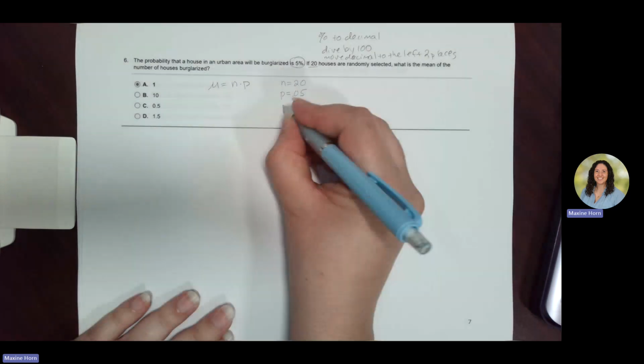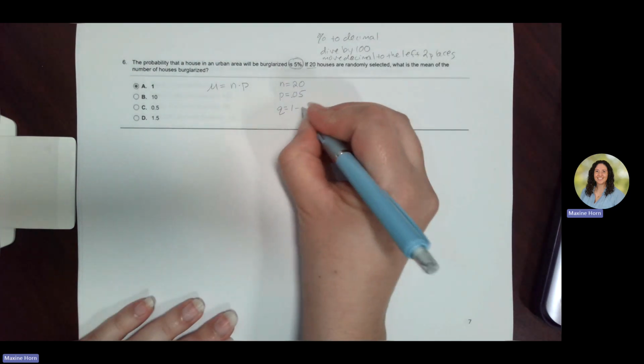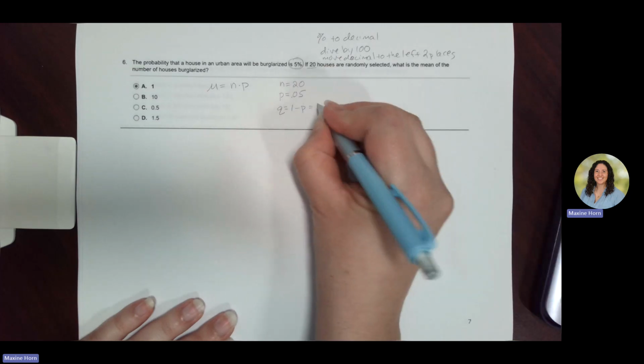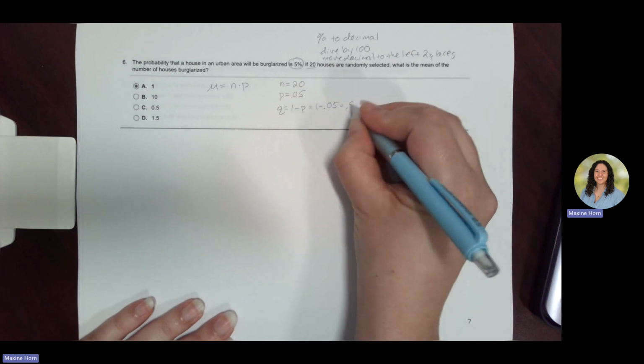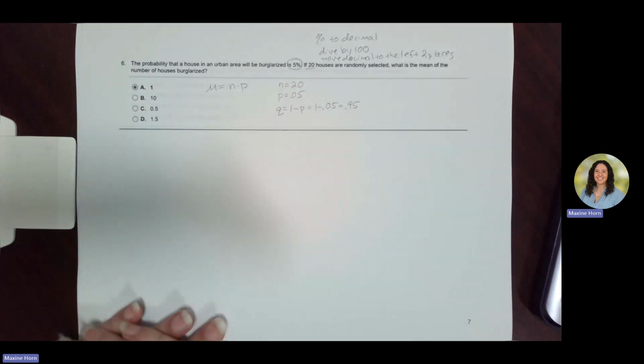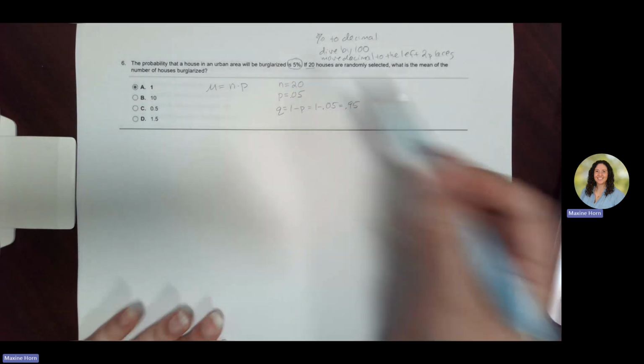Now, they didn't ask for it, but quick reminder, if we wanted to find q, q is 1 minus p, right? So that would be 1 minus 0.05. So that would be 0.95. They didn't ask for it. We don't need it for this formula, but you just want to make sure you're comfortable getting that for when you do need it.